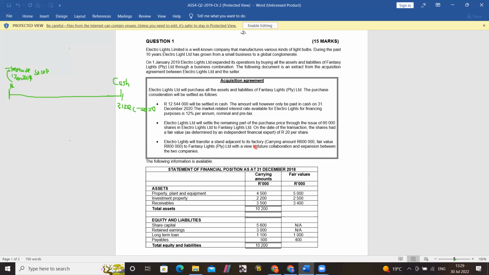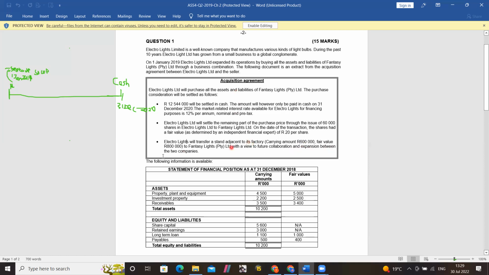So the first thing you're gonna do is have a journal entry that adjusts this carrying amount to fair value, because that's what you're gonna be transferring.